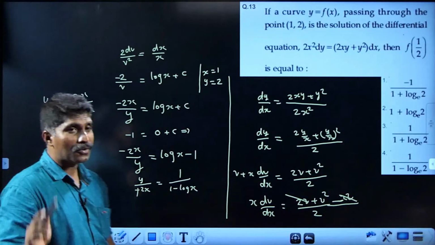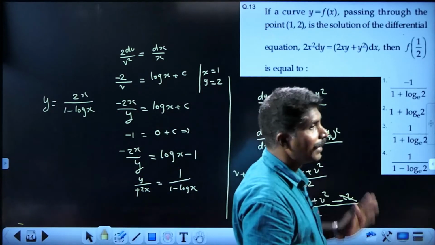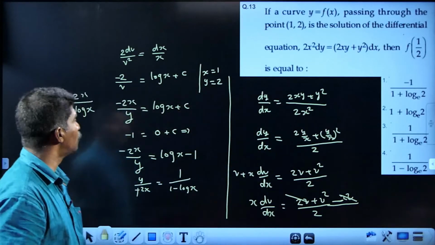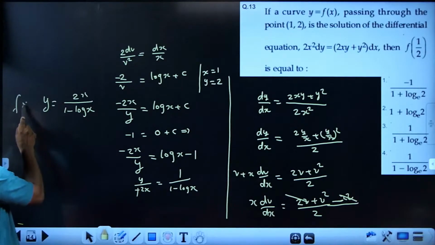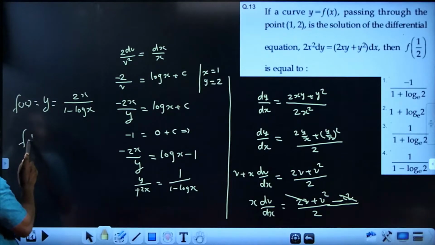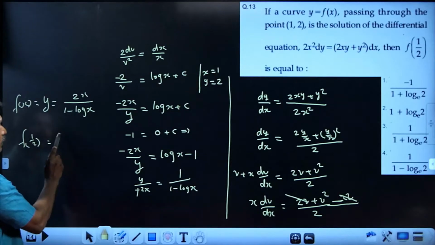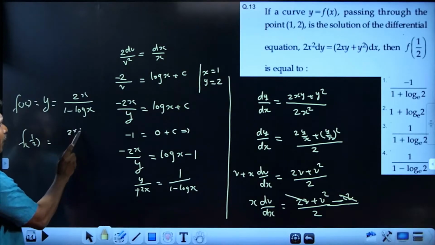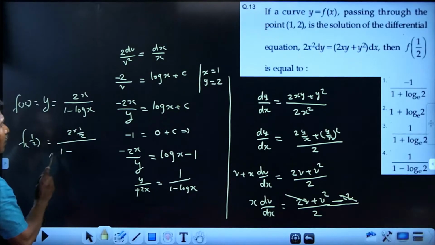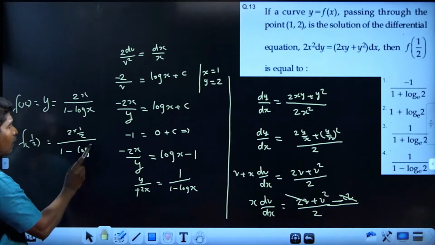Okay, we have to calculate what, f of 1 by 2. This is your f of x, y is f of x. So f of 1 by 2 is equal to 2 into 1 by 2 divided by 1 minus log of 1 by 2.